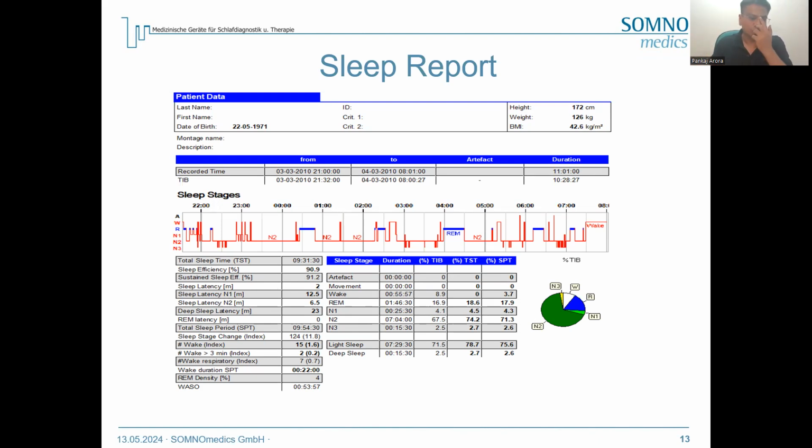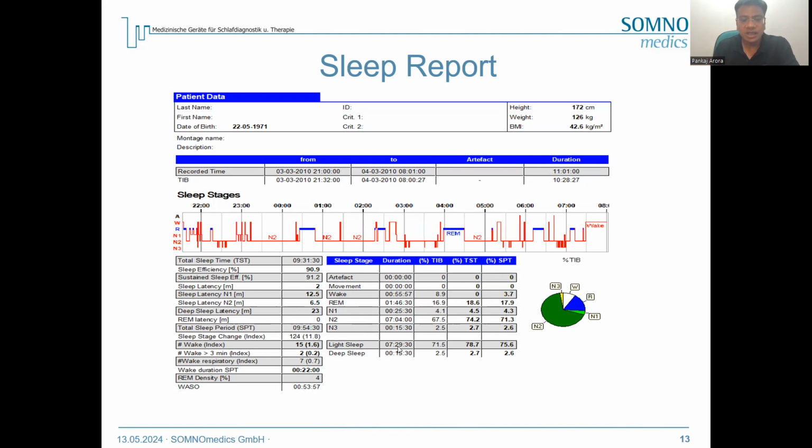Similarly, it will show you REM latency, and our interest is also in WASO, that is wake after sleep onset. How many times has the patient woken up after sleep onset? In this case, 53 minutes, yes, this patient has woken up.